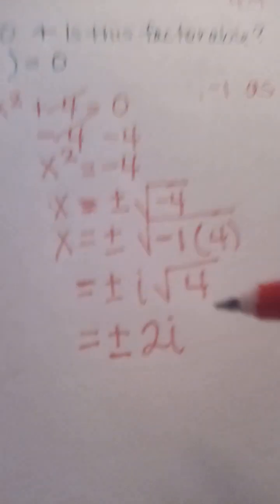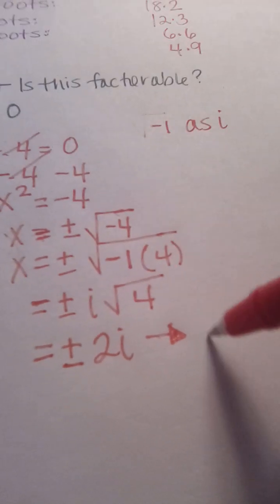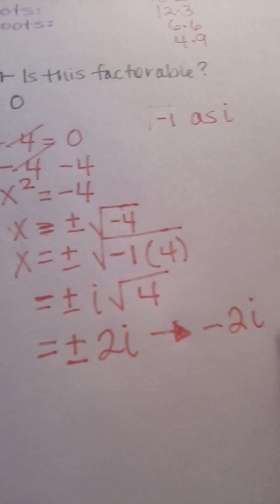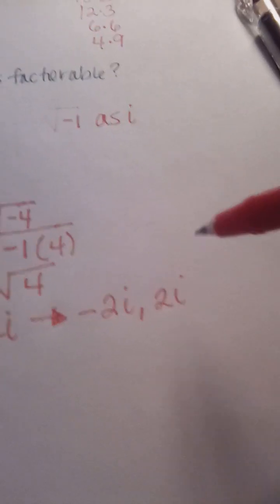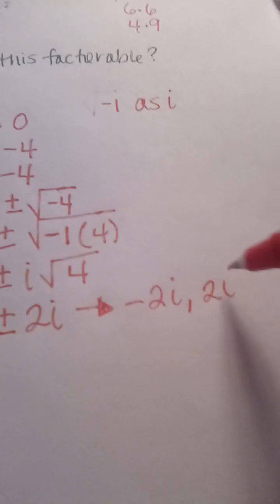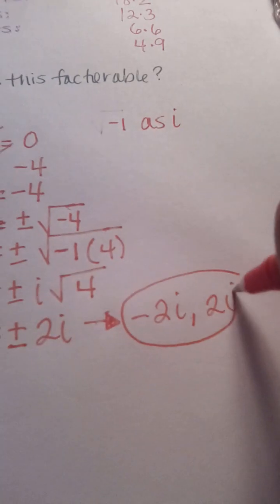So, in other words, to separate it, expand it, actually, negative 2i, positive 2i. That's our third and fourth part. Oh, hold on. I don't know how to circle this.